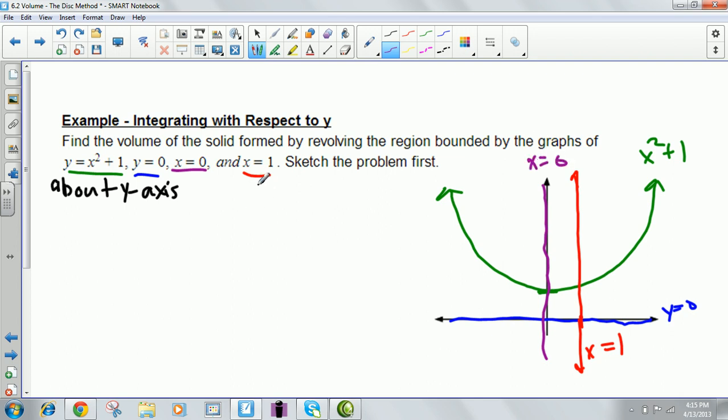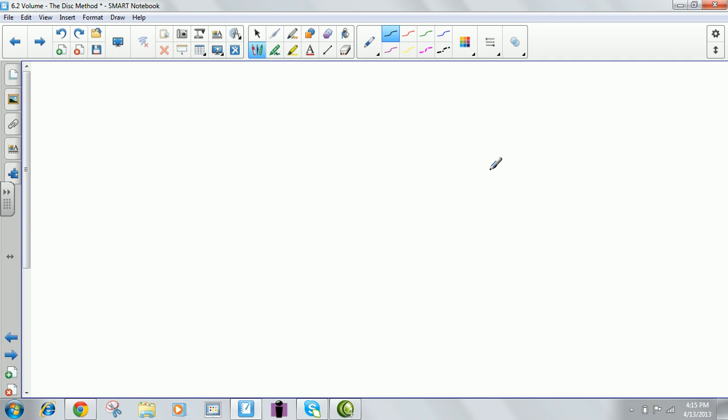But now since we're spinning it around our y-axis, let's come back here. Spinning it around our y-axis means that if I draw a rectangle, our rectangle is going to be perpendicular to our y-axis here. Now, when you spin this thing around your y-axis, you're going to get a shape that looks kind of like this.